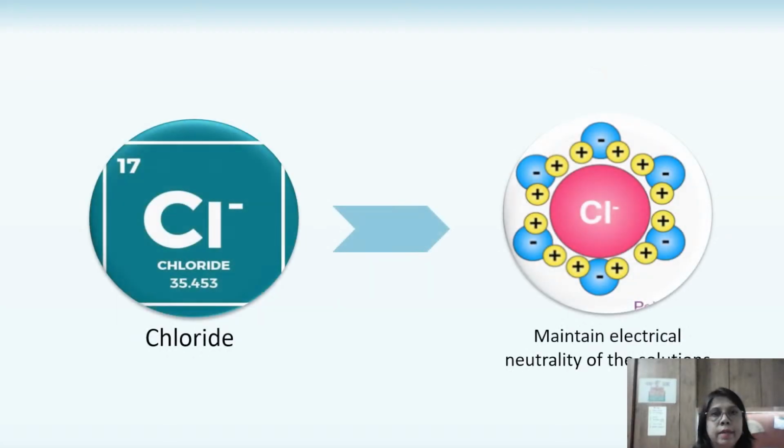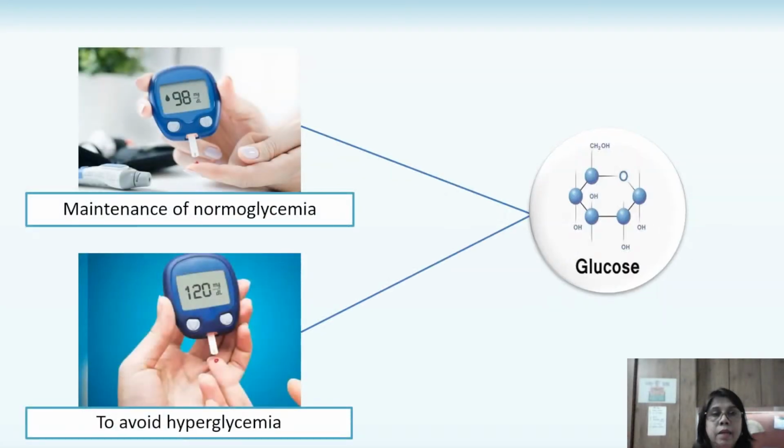Chloride needed is calculated as per the difference between the cations, that is sodium, potassium, magnesium, calcium, and the anions. And this is done in order to maintain the electric neutrality of the solution. Hyperglycemia commonly occurs in these patients, and so all dialysate fluids or replacement fluids should contain very low amounts of glucose, or even glucose could be absent.